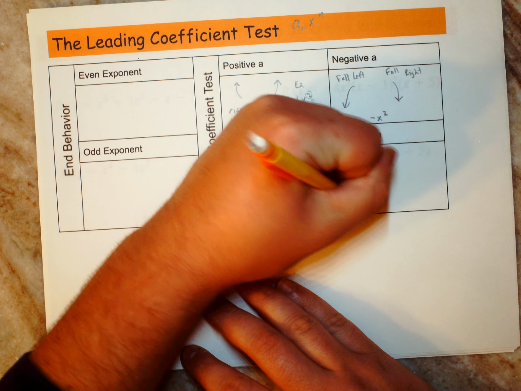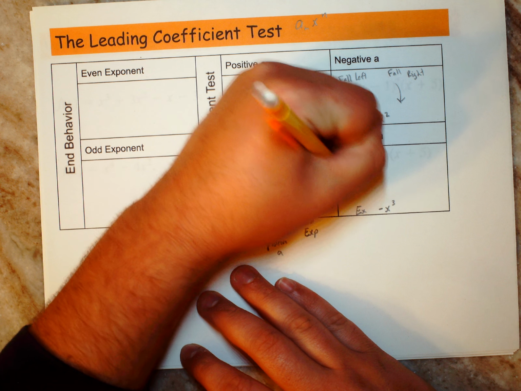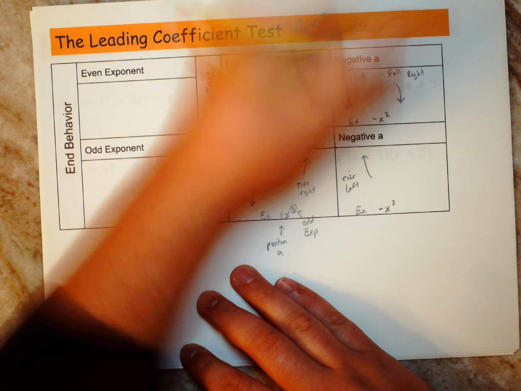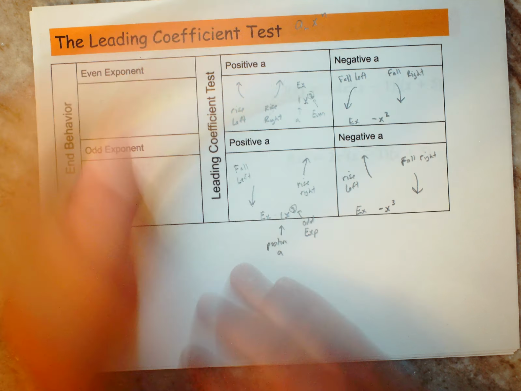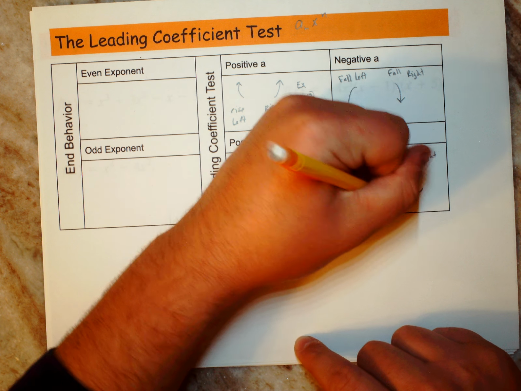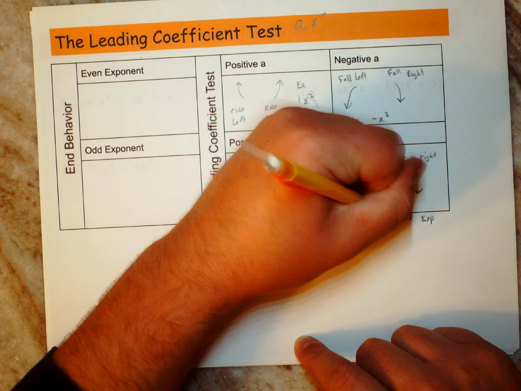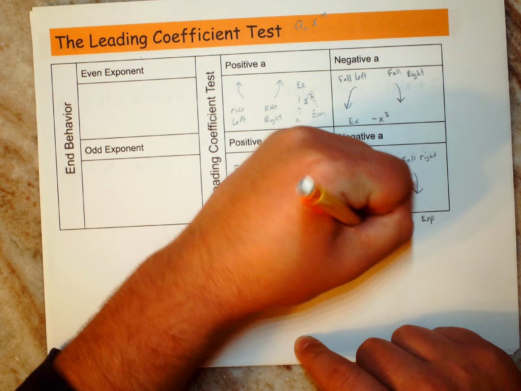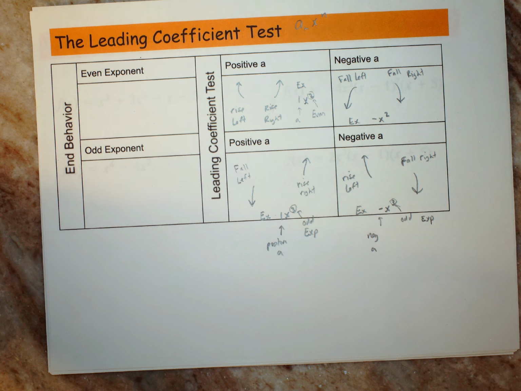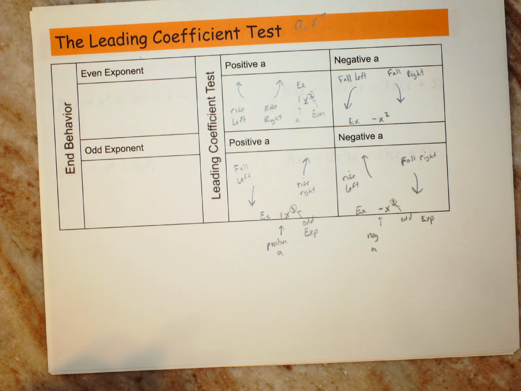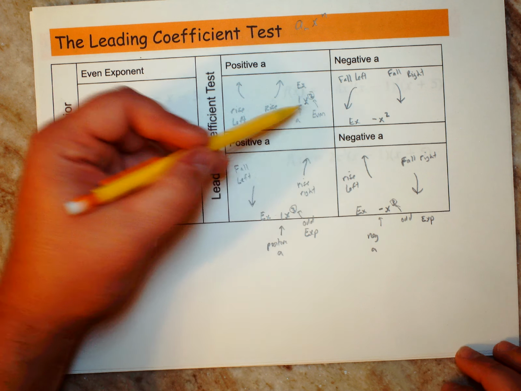And if you think about it, negative x cubed is going to rise left and fall right, because of the odd exponent and the negative a value. So what you really need to know is all right here, and always break it back down to x squared and x cubed.